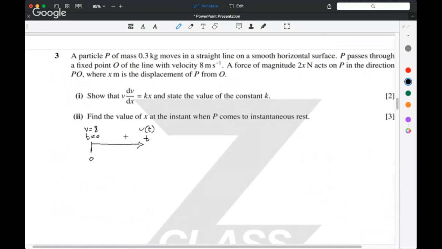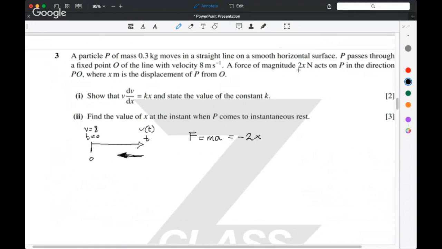And it's moving on a smooth surface, so there's no friction to think of, but there is some force acting on P in the direction from P to O. So it's acting towards the origin, like what we call a restoring force. So the force that's acting, which of course is equal to the mass times the acceleration, is equal to minus 2x.